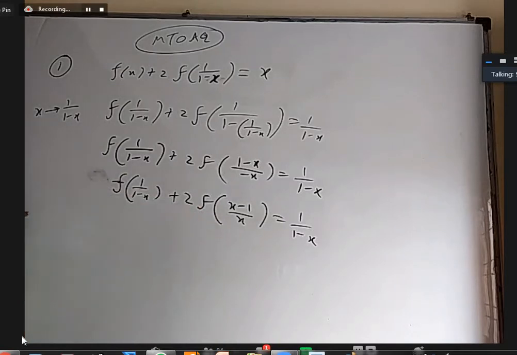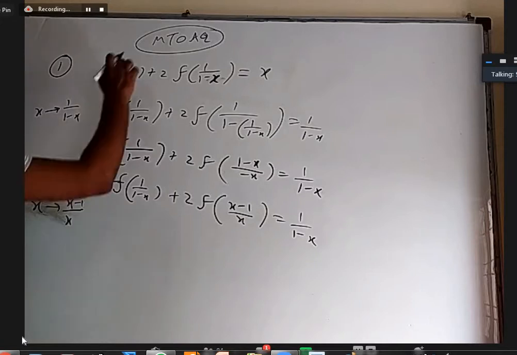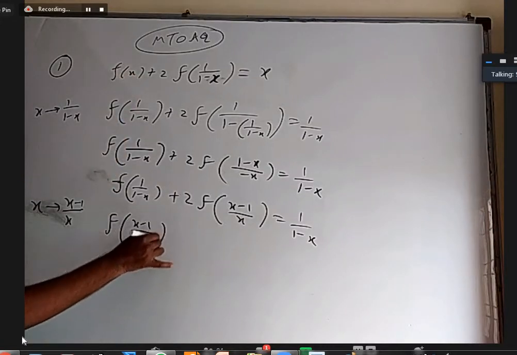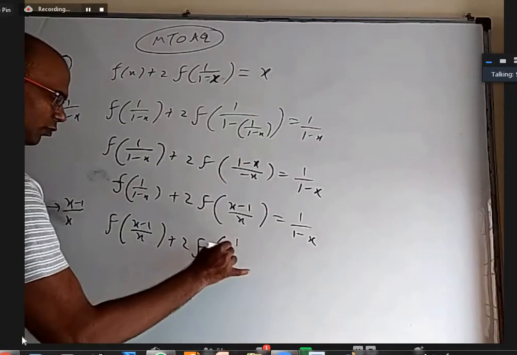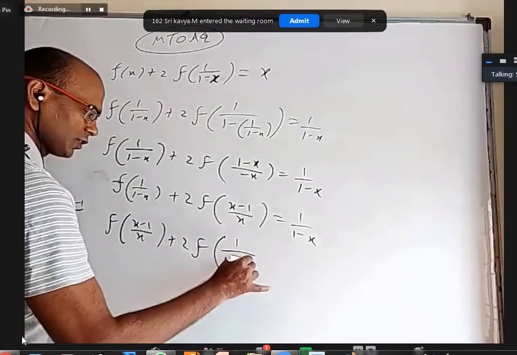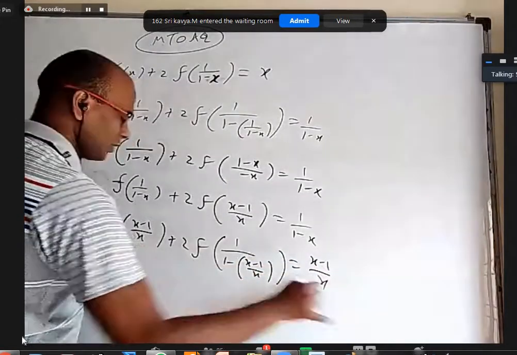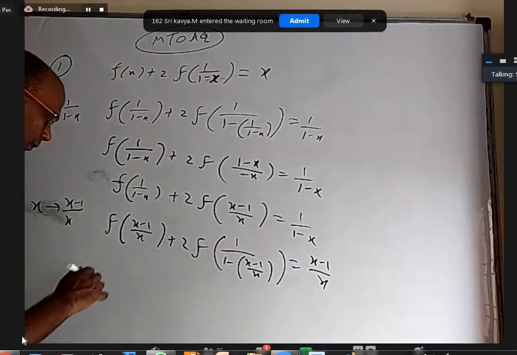To eliminate this, I am going to replace x with (x - 1)/x. Replace x with (x - 1)/x in this equation. So I'm going to get f((x - 1)/x) + 2f(1/(1 - x)) = (x - 1)/x... wherever x is there, I wrote (x - 1)/x.